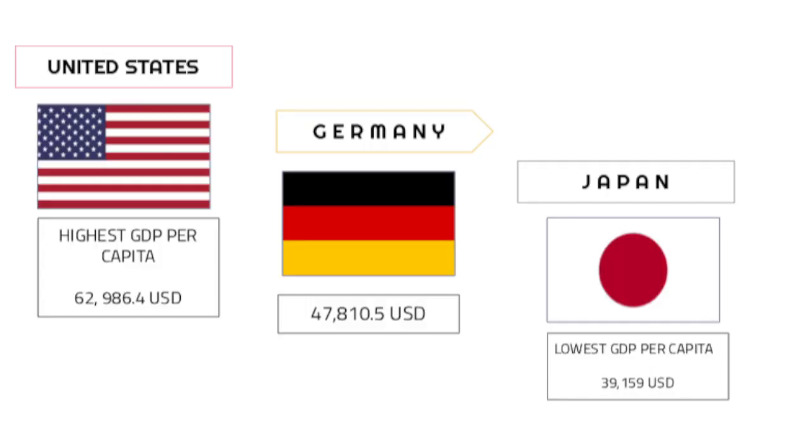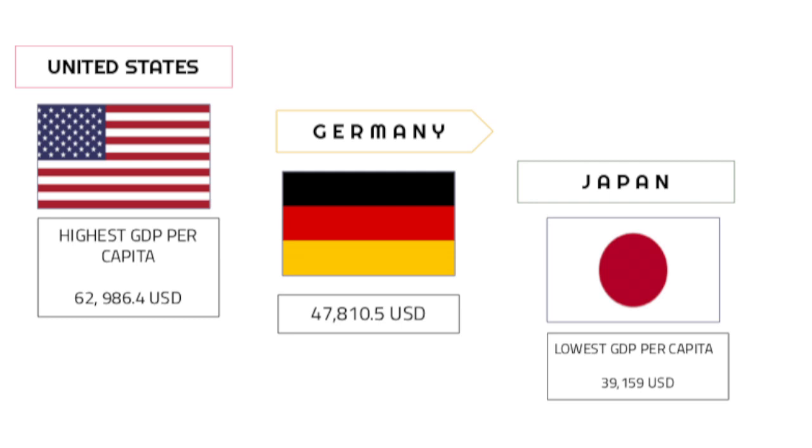Let us compare the GDP per capita in G20 countries, which are the United States, Germany and Japan in 2018. The United States has the highest GDP per capita of the three countries, which is $62,996.47 with a population of 327.2 million people. This shows that the average living standard and well-being of the United States are in a good condition.